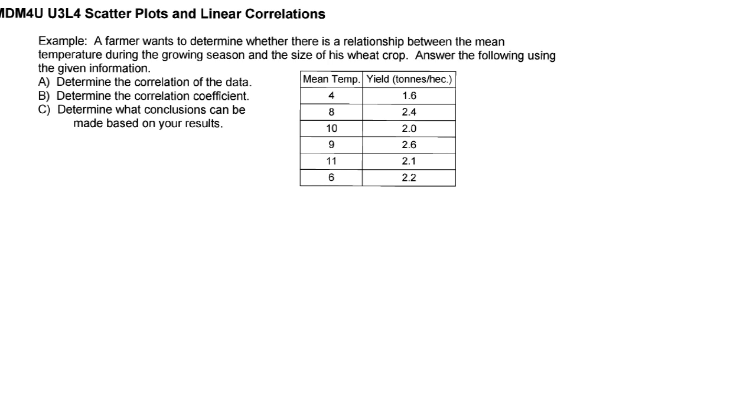Using the given information, basically what he wanted you to do was determine the correlation of the data. In order to calculate the correlation of the data, we have to basically make a table of values, and we can do this by hand or we can do this by calculating it in an Excel spreadsheet.